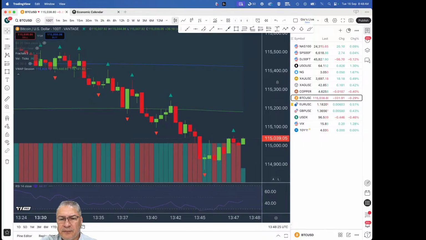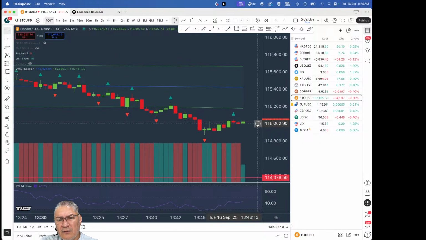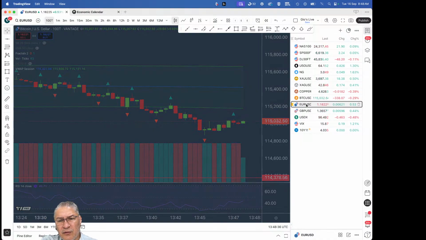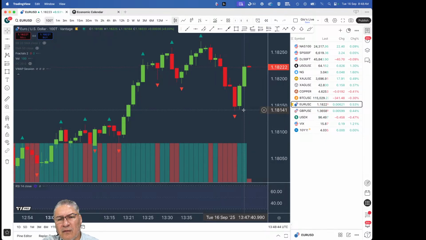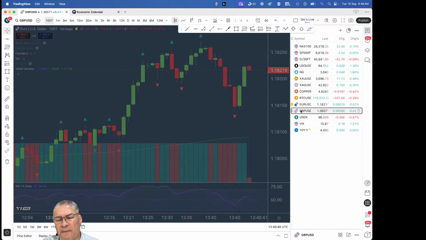Bitcoin, so 115. If you look, it's a bit even lower than that. But it's looking to sustain itself around 115 being the pivot point. Currency: the euro, again making some pullbacks, retracements. Pound.